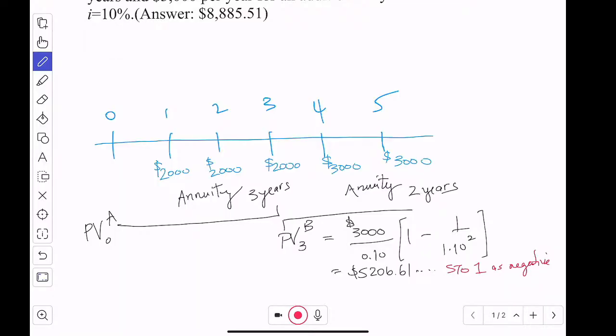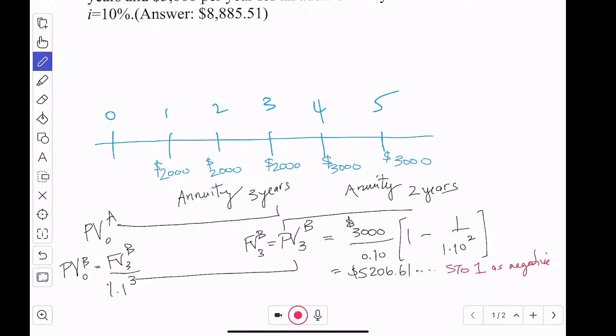And what I have to do with that is, and then change the color, discount that back here. This would be PV0B equals PV, or let's call it FV3B at 10% for 3 years. And I want to say this is the same as FV3B, right?